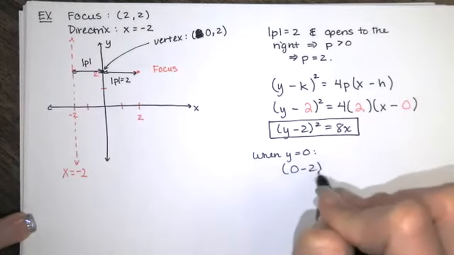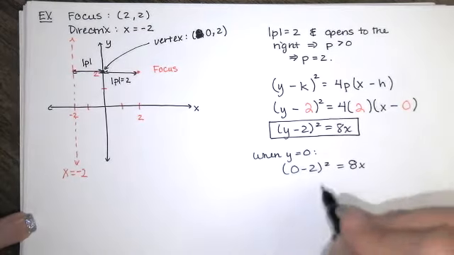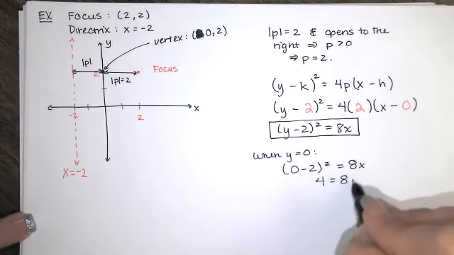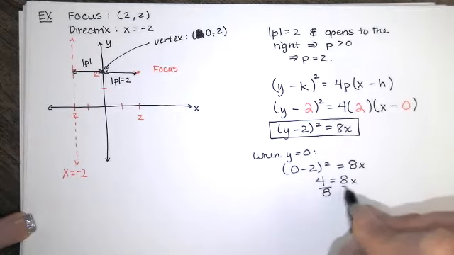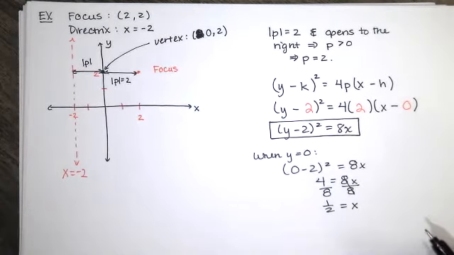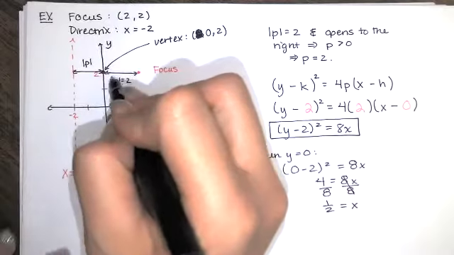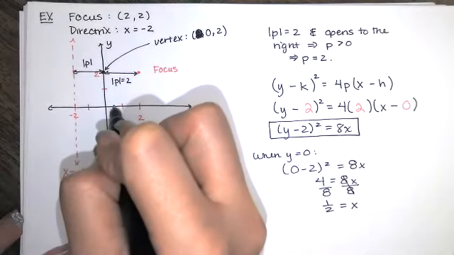I've got (0 minus 2) squared equals 8x. Well, (-2) squared is 4. So I guess when I solve for x, it turns out x has to be 1/2. Sort of not what I expected. I don't know what I expected. But that's our vertex, and it crosses here at x equals 1/2.